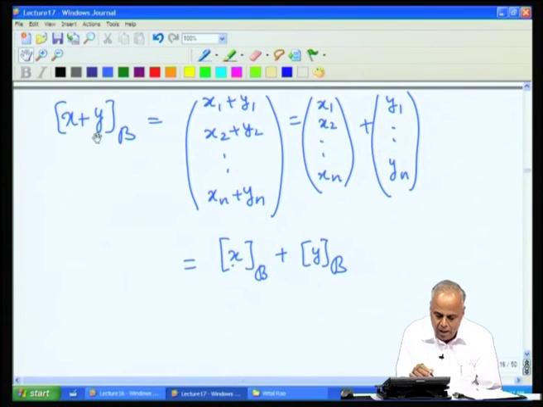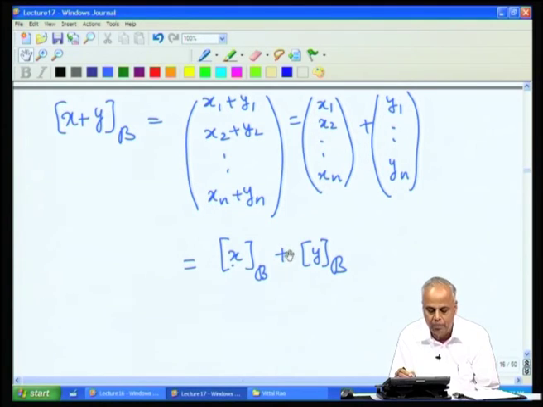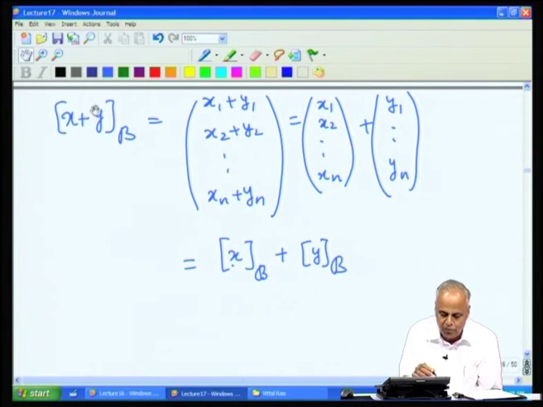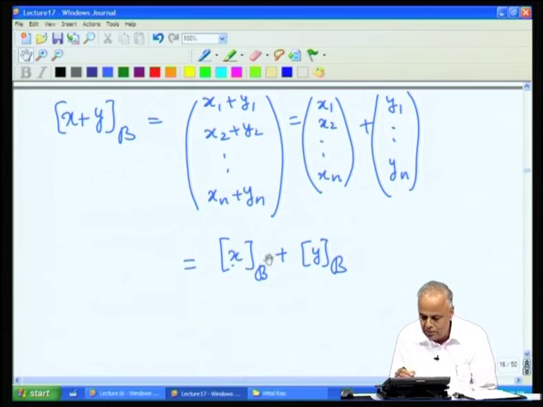Notice this plus refers to plus in V, and this plus refers to plus in Fn.